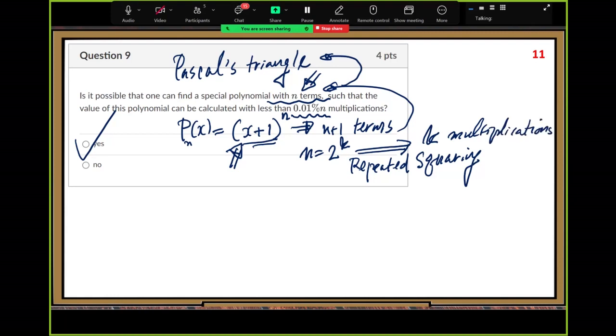So n equals 2 to the k, we just need k multiplications.